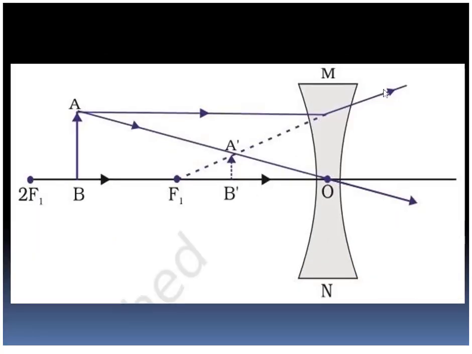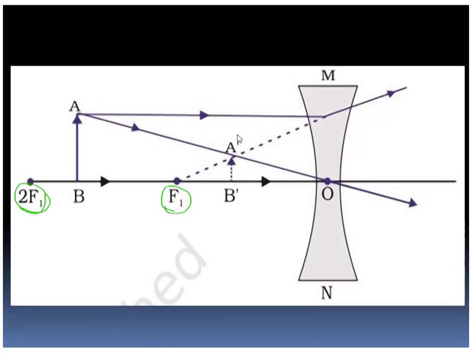This is the second case where the object is placed in between first focus and center of curvature. So in this case, you can put the object anywhere between the optical center and center of curvature. The result will be the same.